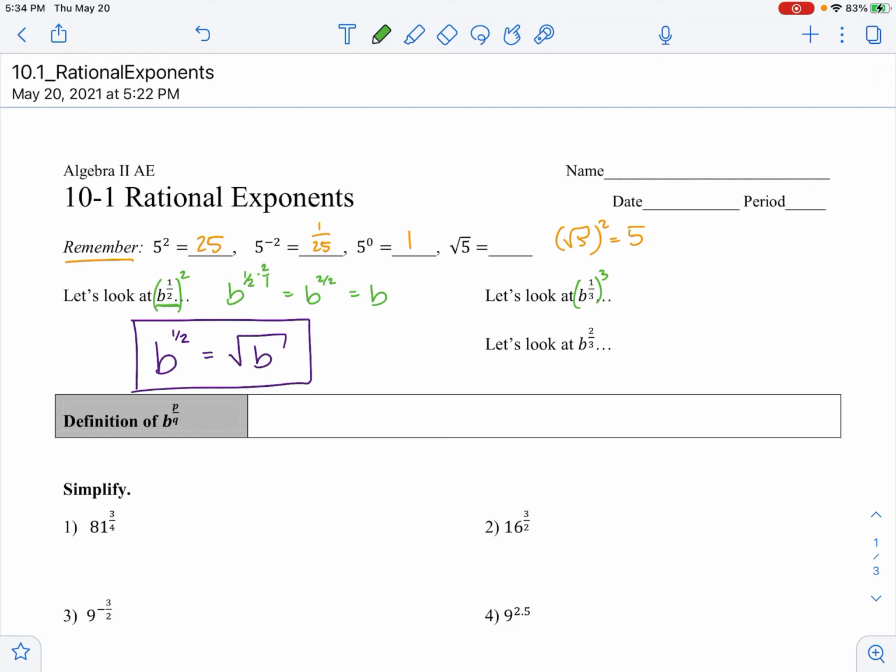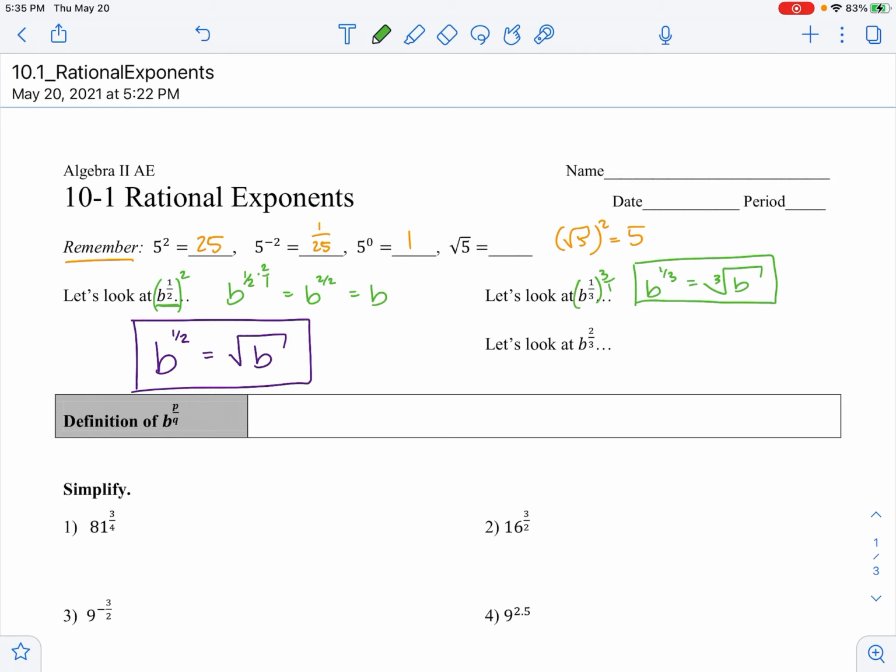If I cube it, then 1/3 times 3 over 1, that's just going to give me b back. Cubing and cube rooting are our two inverse operations here. So what must b to the 1/3 be? Well, it must just be the cube root of b.